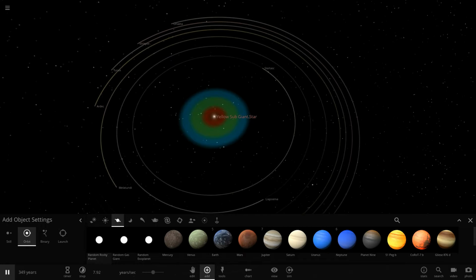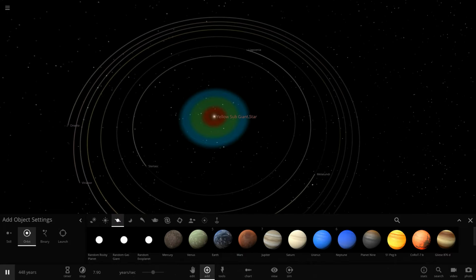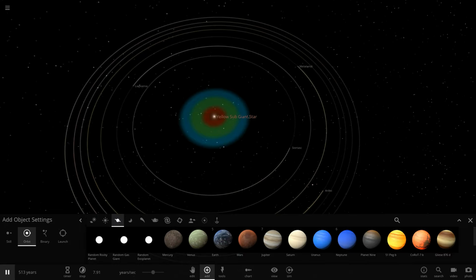I mean, seriously, every time one of these coronal mass ejections hits any planet around a yellow subgiant, it will literally not just strip its atmosphere, it will most likely vaporize its crust, or its upper atmosphere if it's a gas giant. So these gas giants over millions of years will get smaller and smaller.